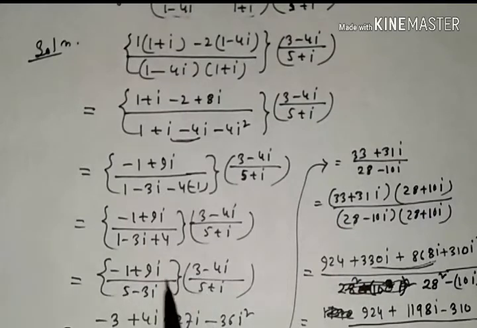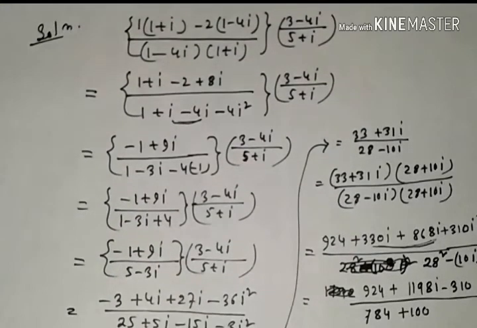Plus 9i into 3 is 27i, and 9i into minus 4i is minus 36i square. Similarly for the denominator, 5 into 5 is 25, 5 into i is 5i, minus 3i into 5 is minus 15i, minus 3i into i is minus 3i square.